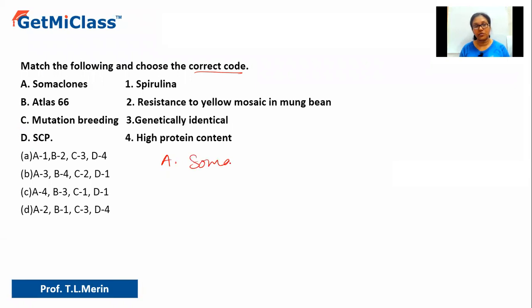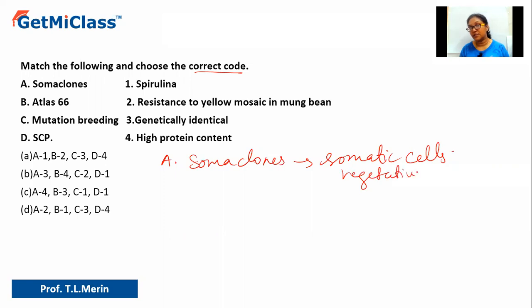So what do you mean by somaclones? Somaclones are nothing but the clones which are made from the somatic cells. That means these are not made up of sex cells or germ cells. These are made up of vegetative cells, and since they are made up of somatic cells, they are genetically identical.